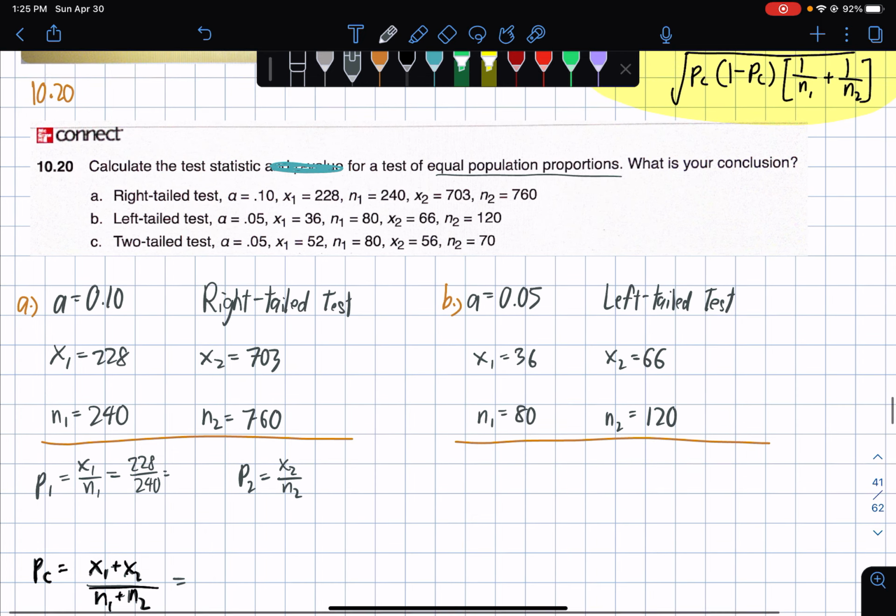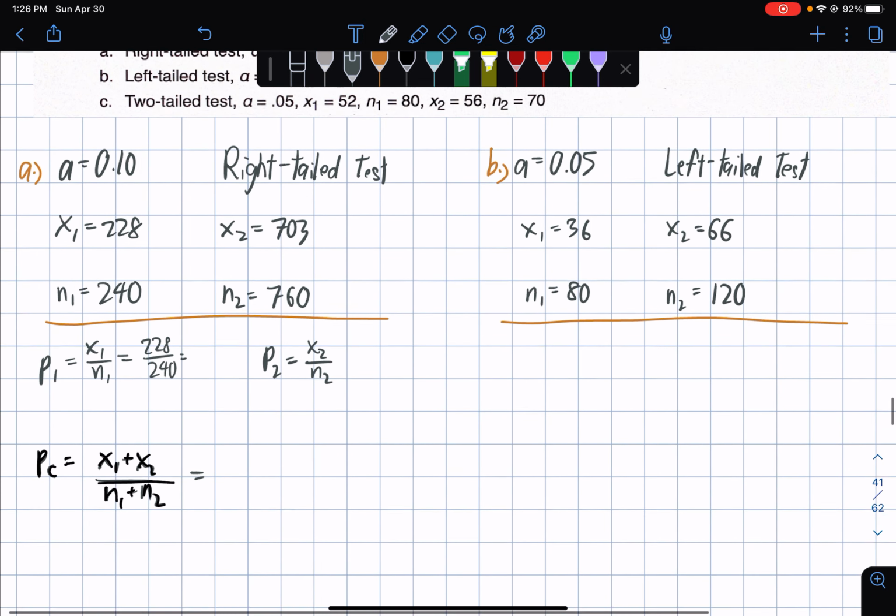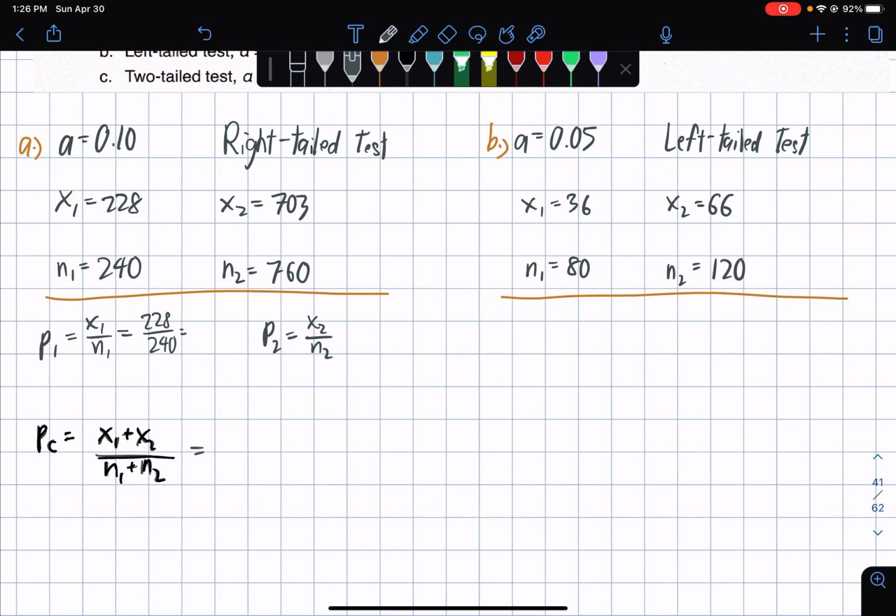10.20: calculate the test statistic for a test of equal proportions of populations. What is your conclusion? P is generally X over N, successes over total sample size. The formula is still the same even though it's P1 and P2.